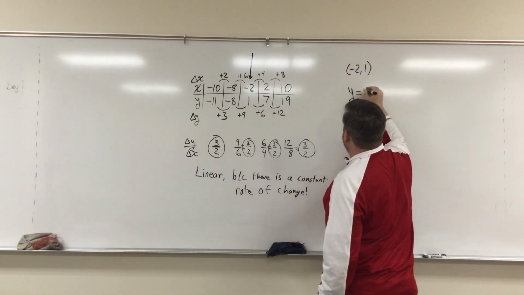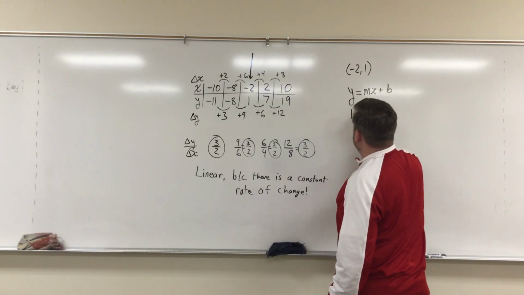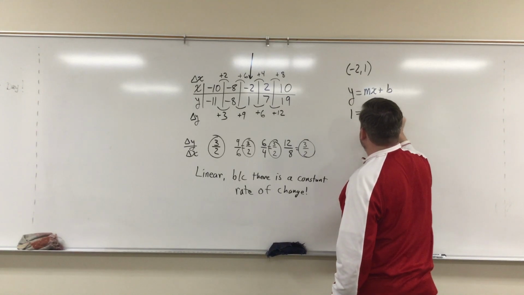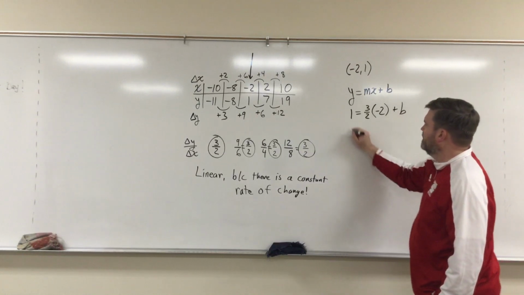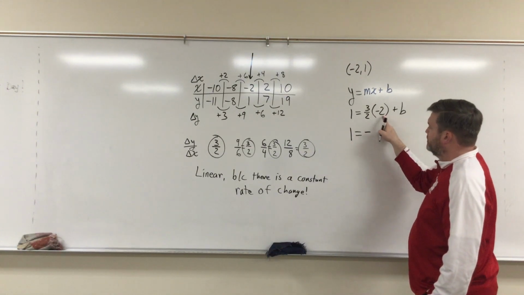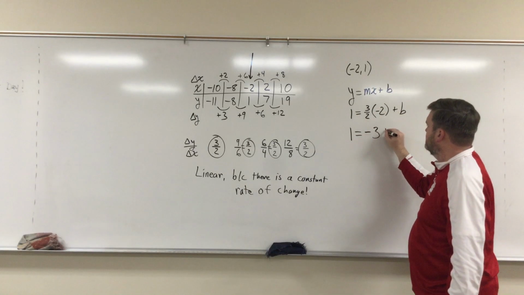So let's start with y equals mx plus b. Y is 1, m is 3 halves, x is negative 2, and b is what we're looking for. So you get 1 equals a positive times a negative is a negative. 2 divided by 2 is 1. 1 times 3 is 3.